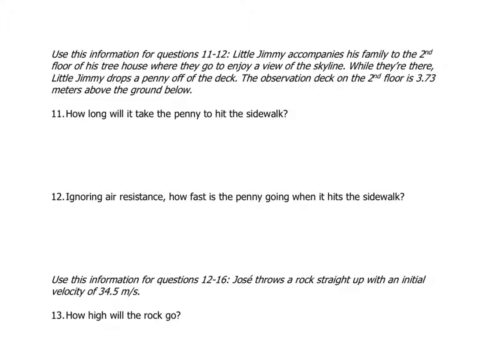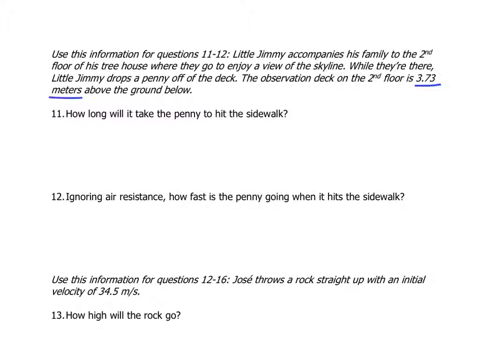While they're there, Jimmy drops a penny off the deck, and it tells you the observation deck on the second floor is 3.73 meters above the ground. And we need to ultimately figure out how long it's going to take and how fast the penny is going to go. Okay? So the only information that it gives us directly is how high the second floor is.